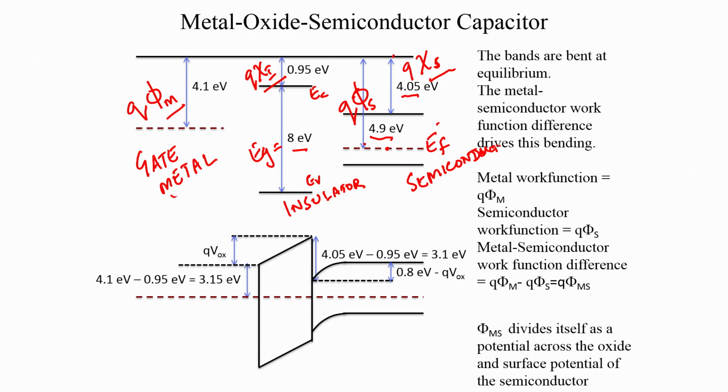We have brought these three pieces together and we have now created a junction, and that junction is shown in this figure here. So, what happens? So, here you have the metal. Firstly, the Fermi levels have aligned. The metal Fermi level is at the same position as the semiconductor Fermi level. Okay.